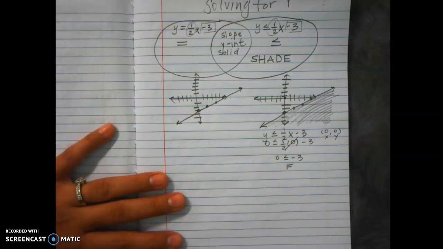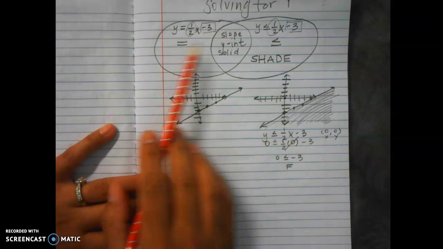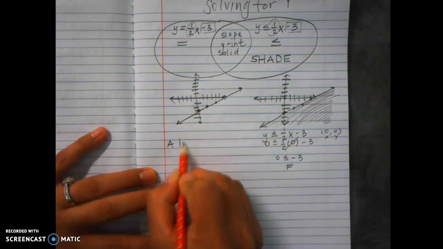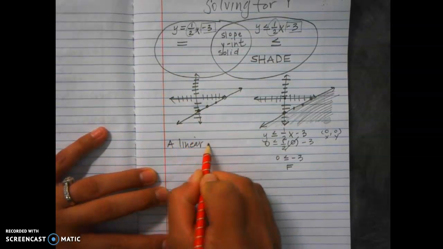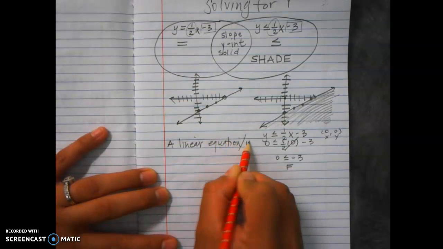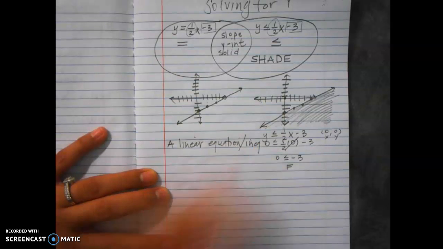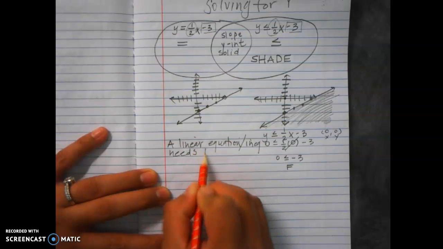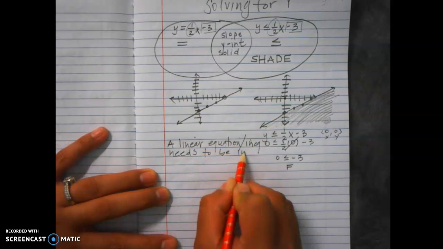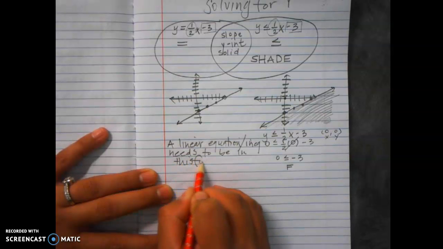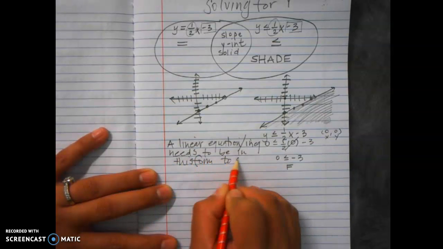Okay, so far we've been dealing with equations and inequalities that already start in slope-intercept form, right? So a linear equation or inequality needs to be in this form to graph.